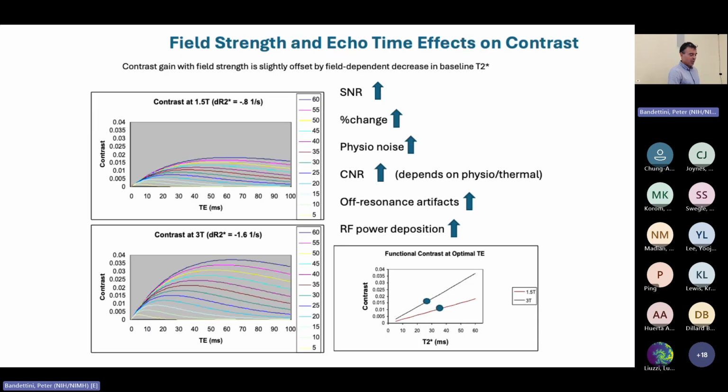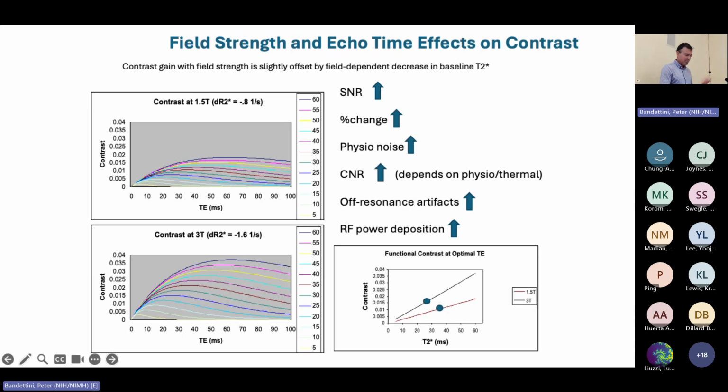Looking at this contrast versus echo time curve as a function of baseline T2 star, the peak occurs wherever the baseline T2 star is. Hence the advantage of some of these zero echo time sequences, because around the brain you have a huge difference in T2 star. On average, it's about 30 milliseconds, and that's why we use 30 milliseconds.